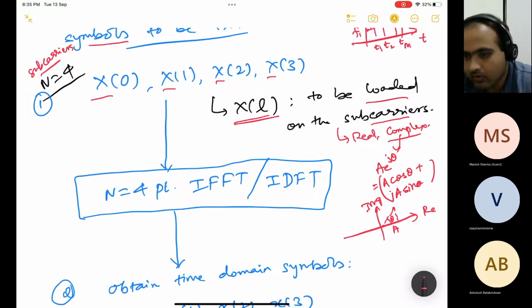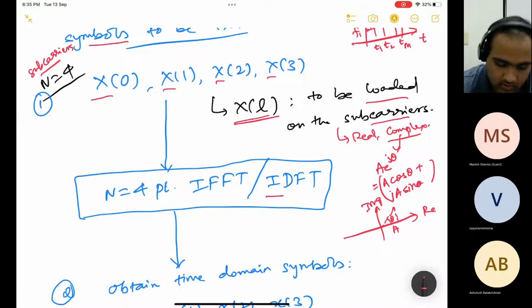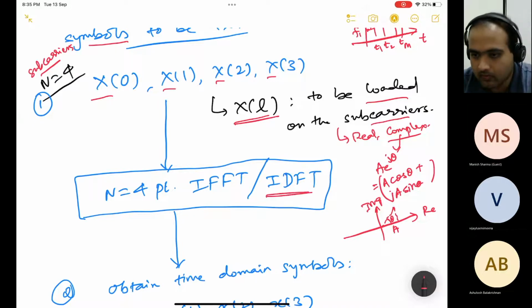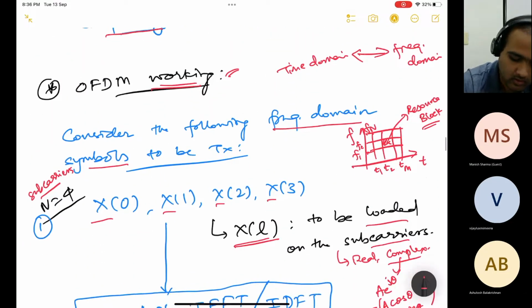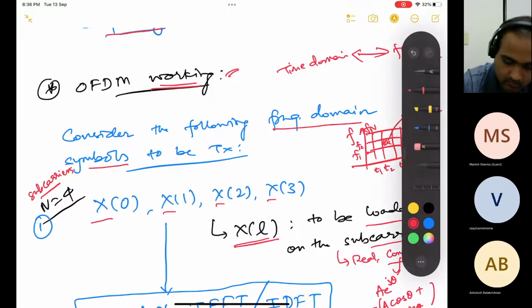Now if we want to convert the frequency domain to the time domain, then we use the inverse Fourier transform. And if you want to convert time to frequency domain, then it is the Fourier transform. So let me just write it with arrows, it's not clear.